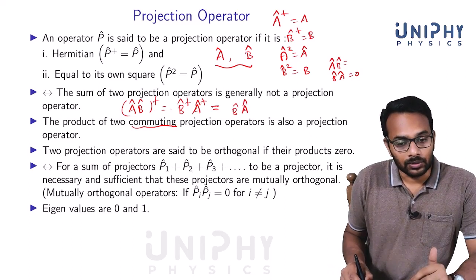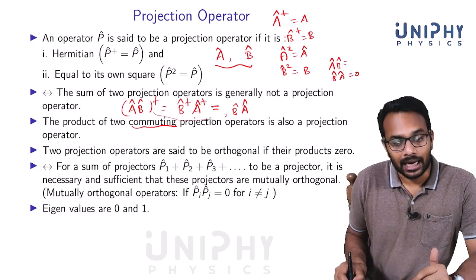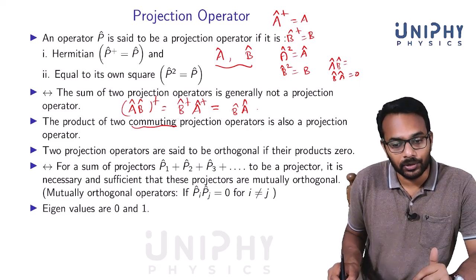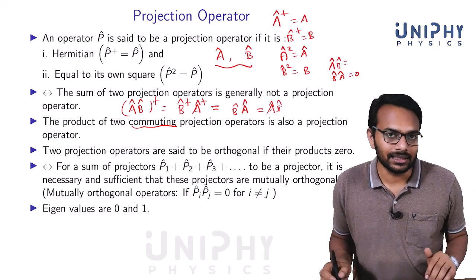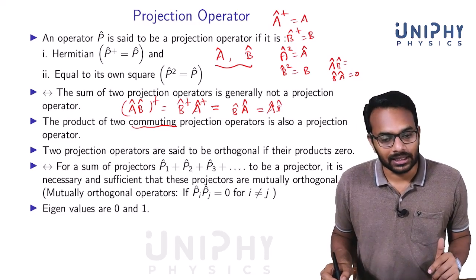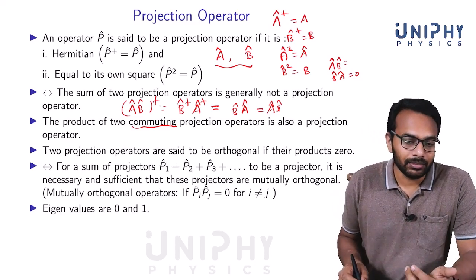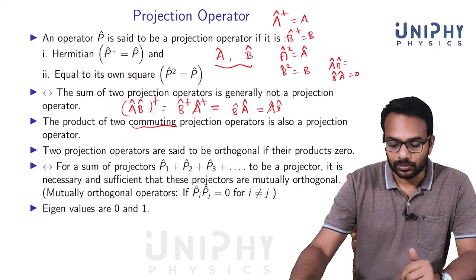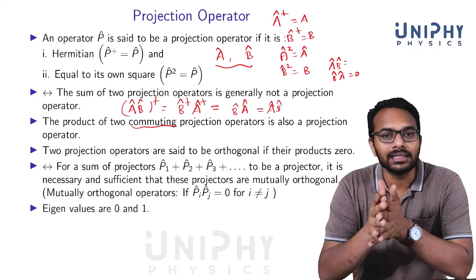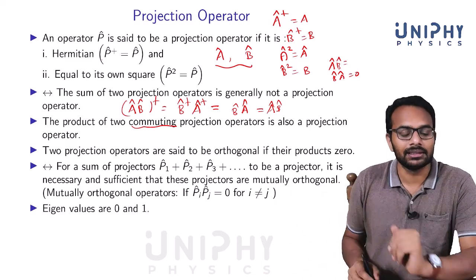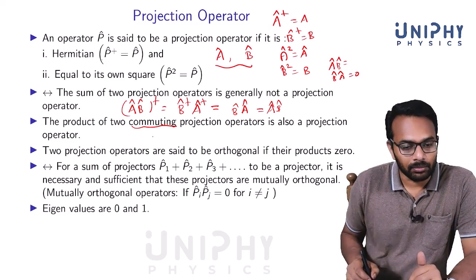Now this is not really Hermitian unless they commute. If they commute, we can interchange them without any cost, and then we can write it as AB. So the product of two Hermitian operators will be Hermitian if they commute. This is something that you can keep in mind.